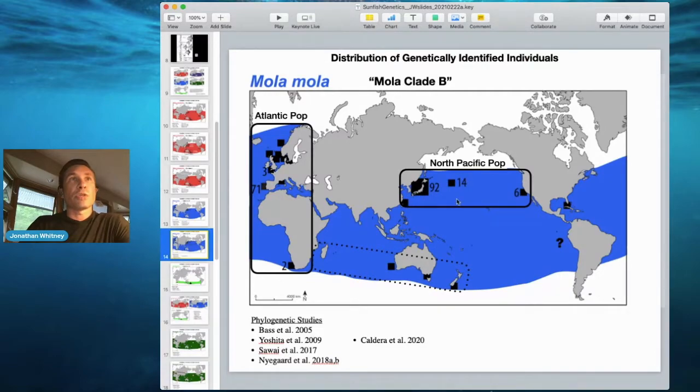So this is kind of the Kuroshio population. And then we get this Atlantic population that does not have much distinction within that group, and may include these individuals from Western Australia, but there's not enough samples to really confirm that yet. So we do have two distinct populations of Mola across the globe, in Atlantic and Pacific, essentially.